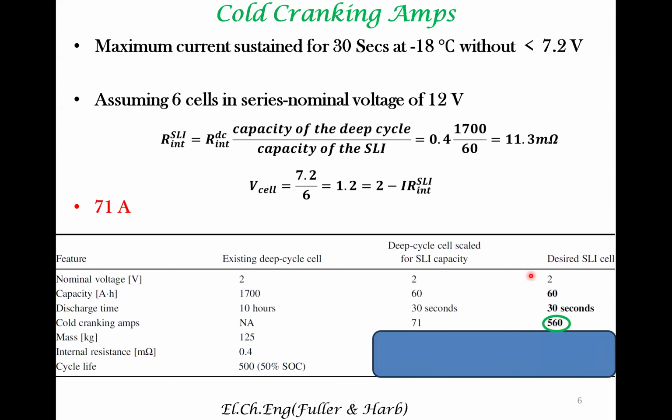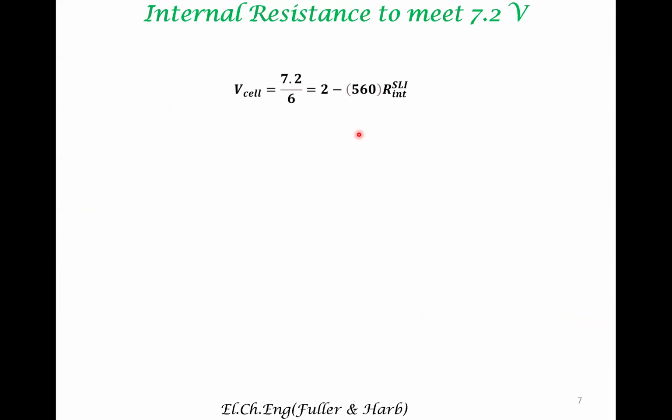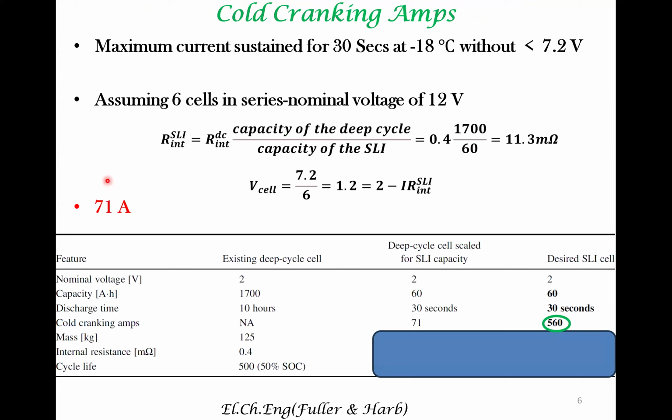You plug in the desired CCA into the formula to obtain the desired internal resistance of an SLI battery. Solving for this, you can get the desired resistance to be 1.4 milliohm.